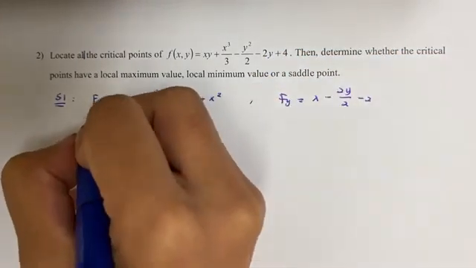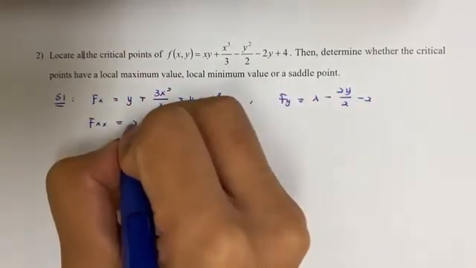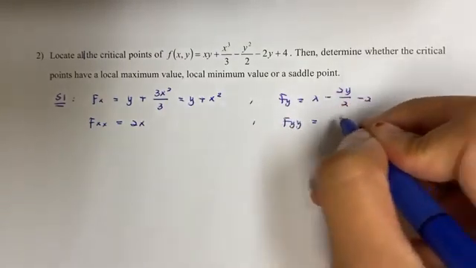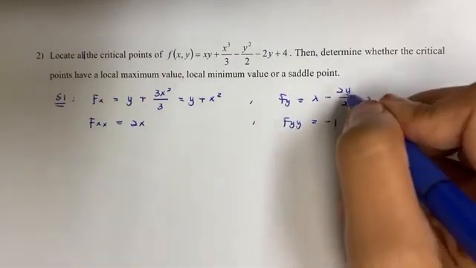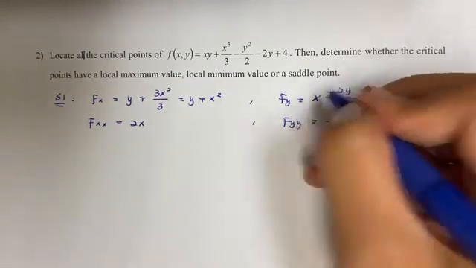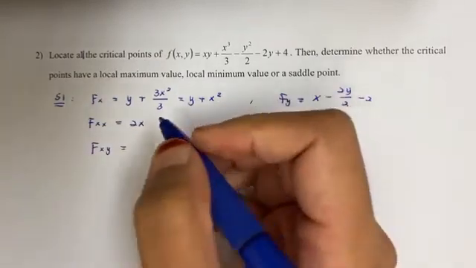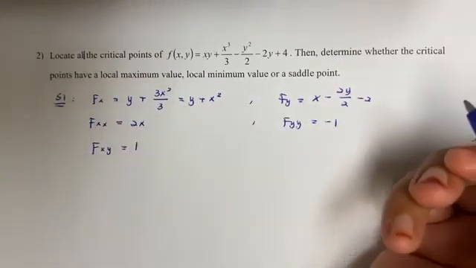Then from fx, we find fxx. Fxx is equal to 2x. And then fyy is equal to minus 1. Okay, this one, we have y. This is x. Okay. Next, we find fxy. So for fxy, we have 1.